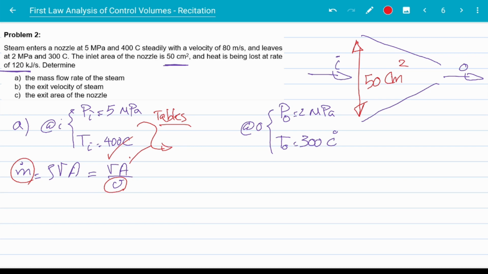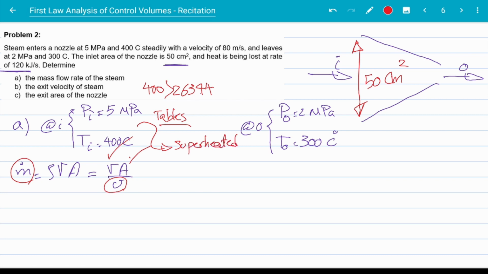If you check the tables for 5 megapascals, you would see that the saturation temperature is 263.94 degrees Celsius. And because 400 degrees is greater than 263.94, then we know that we are in the superheated region.